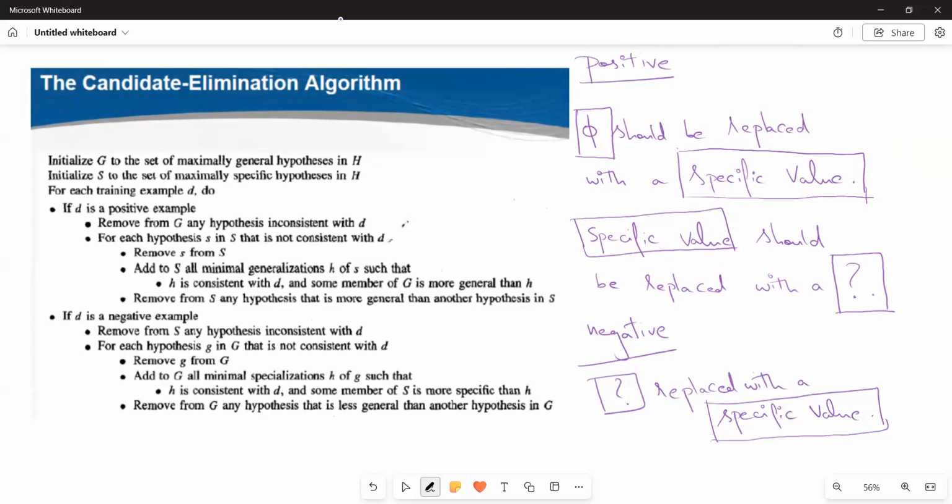And then if you have a question mark already, and then you have a specific value, that's fine. You are going to get a specific value. But if you already have a question mark, then it should be null in that case.